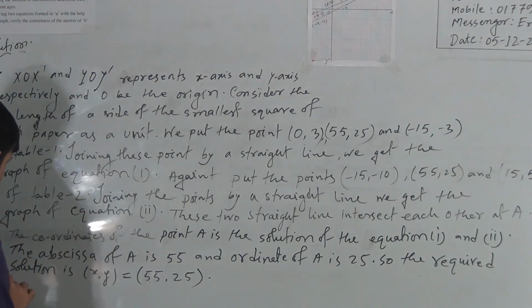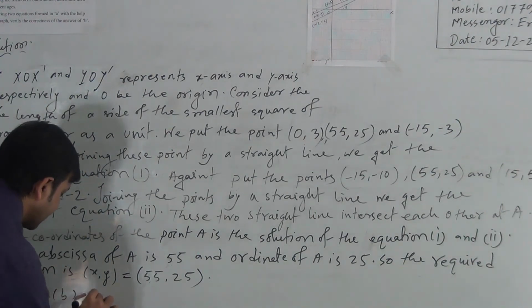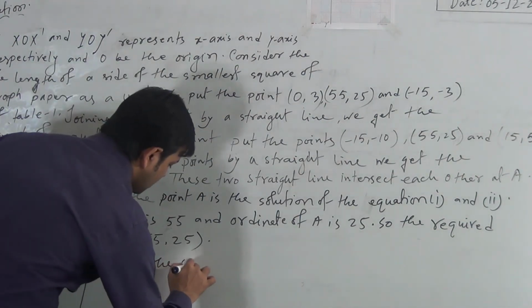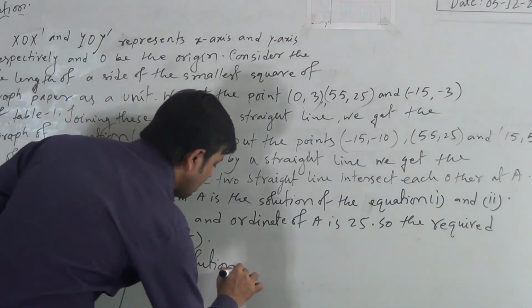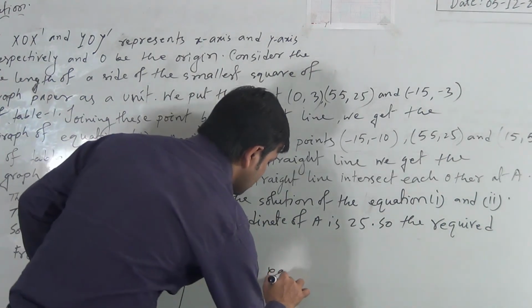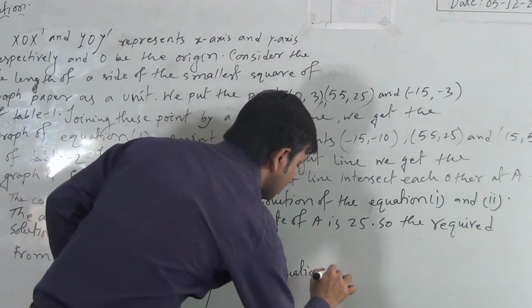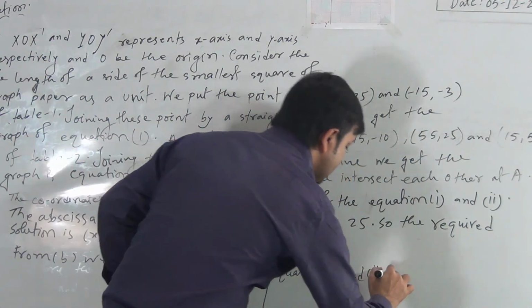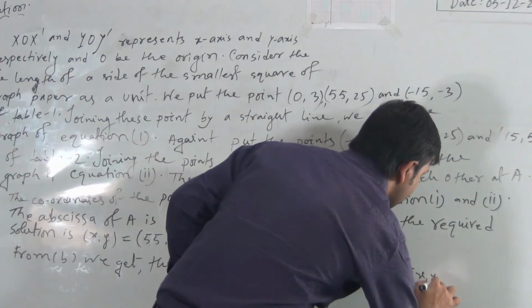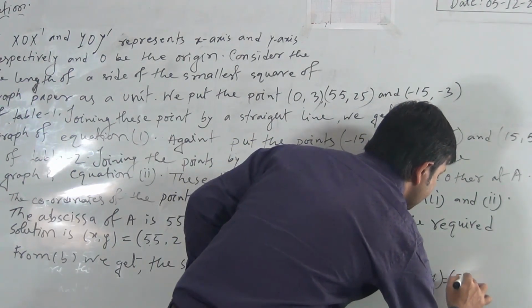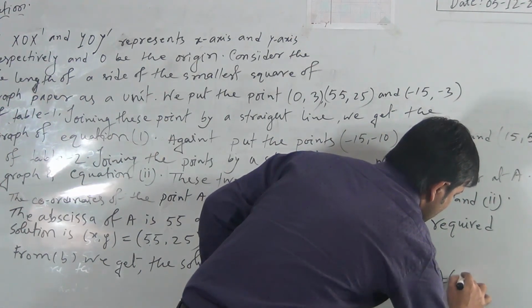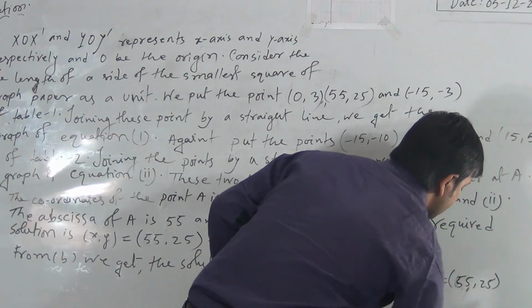So we can say now from B we get the solution of equations 1 and 2 is 55, 25.